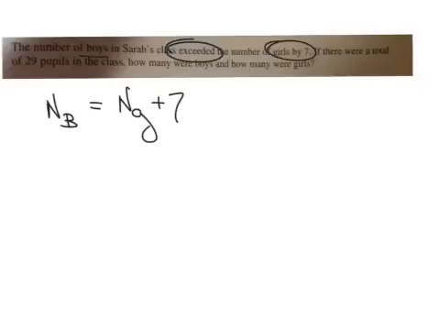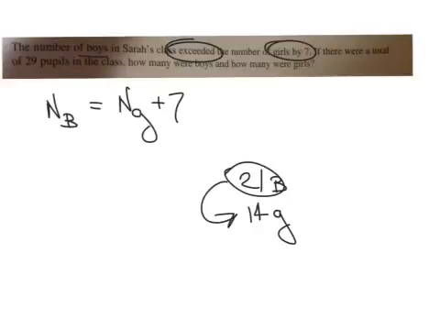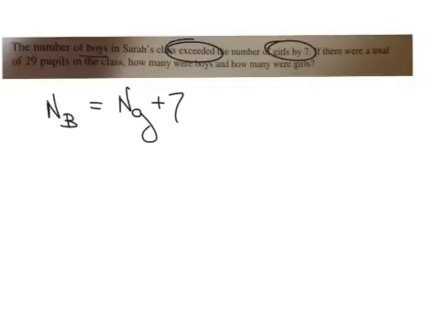So for example, let's say that there were 21 boys and 14 girls. That means the boys exceeded the girls by 7. In order for these to be equal, I have to add 7 girls, and now the number in the classroom is both equal. Alright.